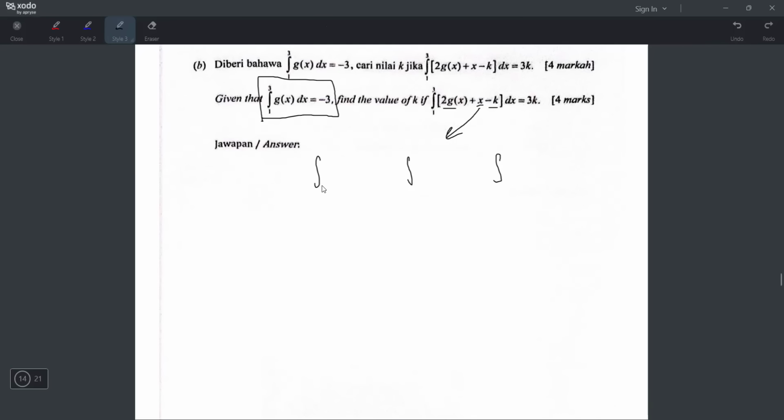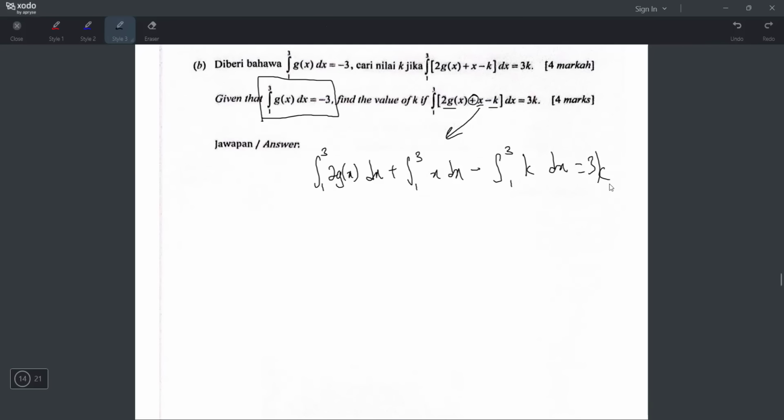The first one is from 1 to 3, and this one is 2g(x). Usually students forget to write the dx, so make sure you remember that. Then this one you also separate: from 1 to 3, x dx. This one becomes from 1 to 3, and the minus is not needed here, because the minus you will write here. So this one just write k dx. This one is minus, this one is plus, because here is plus, so plus, plus, minus, minus. And then equals 3k.